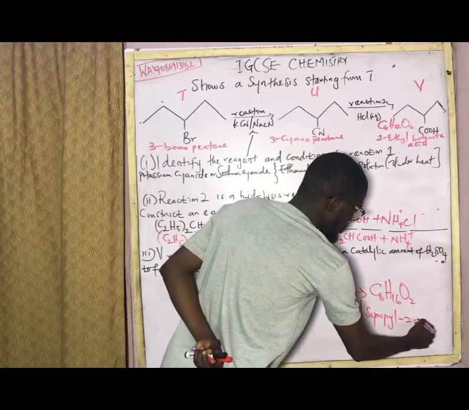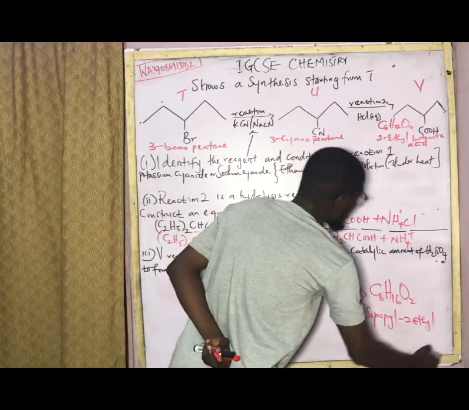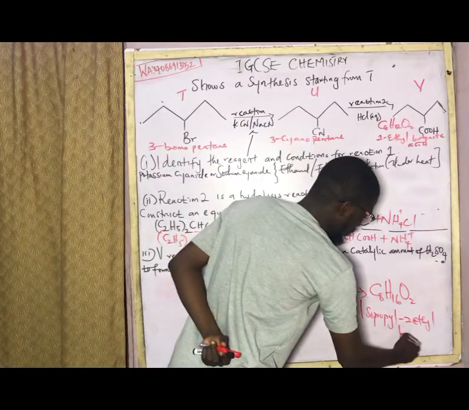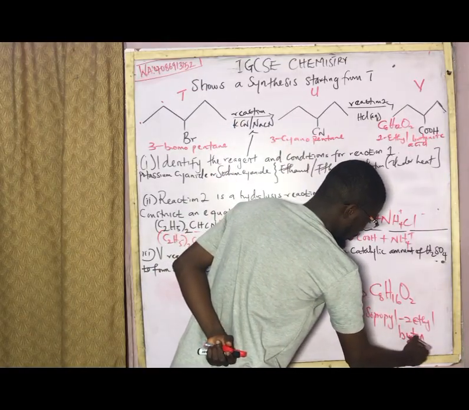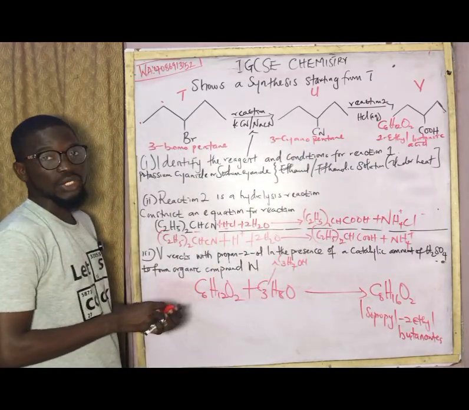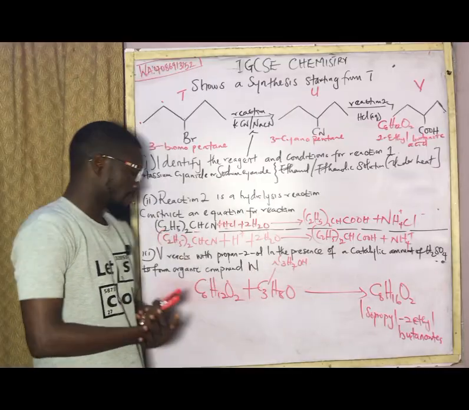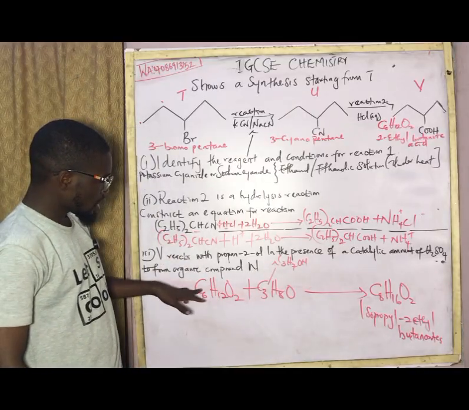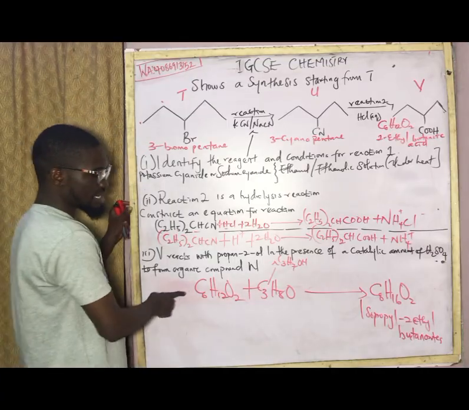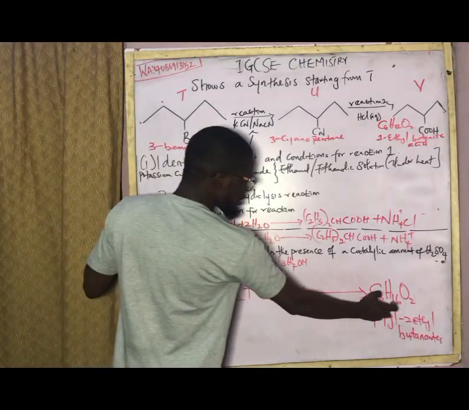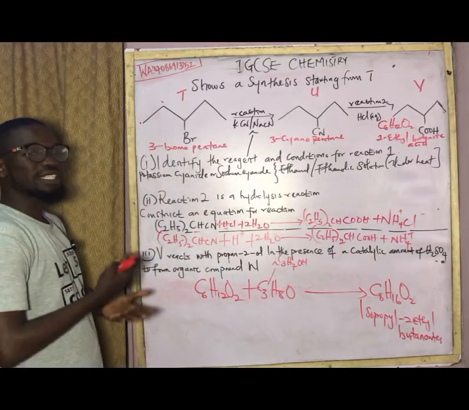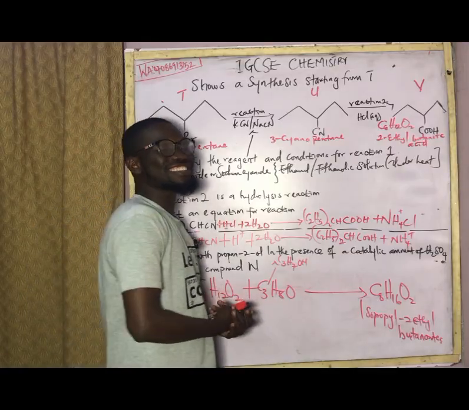Call it 2-ethyl. Instead of calling it butanoic, because we are talking about esters, it's butanoate. So when you combine these two together, you have to remove water to give us this. Based on what you have on the whiteboard, you're having C6H12O2, and when you get to this place, we're having C8H16O2. So guys, this is how we can easily tackle A-level chemistry or IGCSE chemistry.